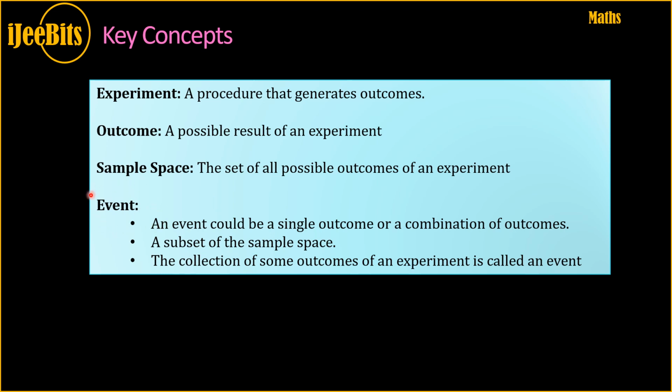What is an event? An event could be a single outcome or a combination of outcomes from an experiment, known as an event. It is a subset of the sample space. The result of the event is what you put in the sample space, and hence a collection of some outcomes of an experiment is called an event.